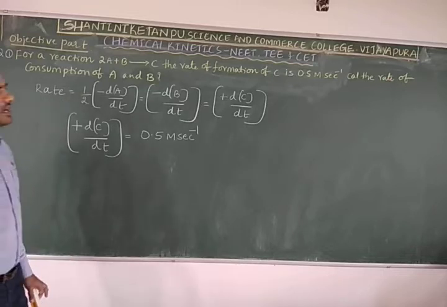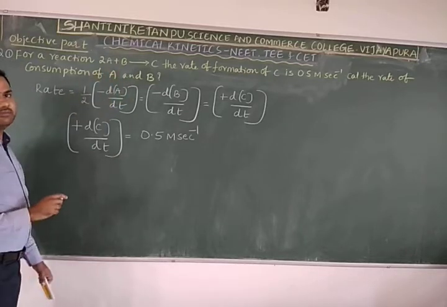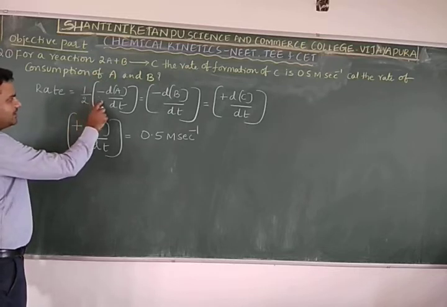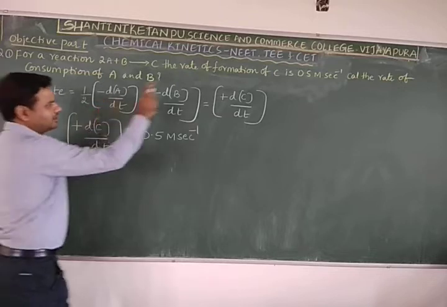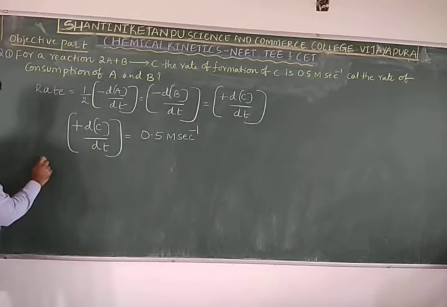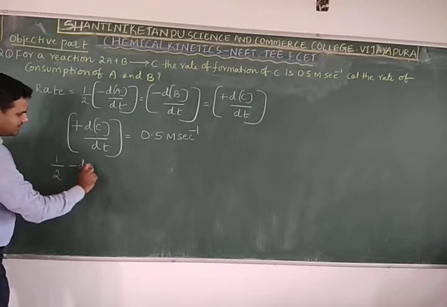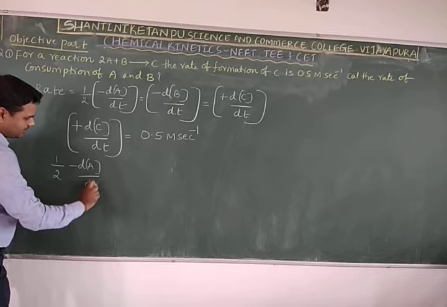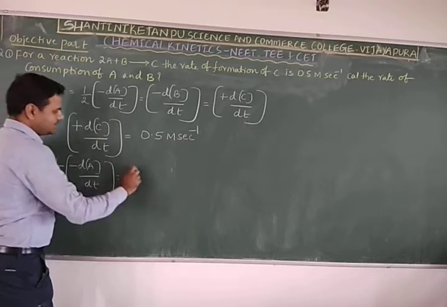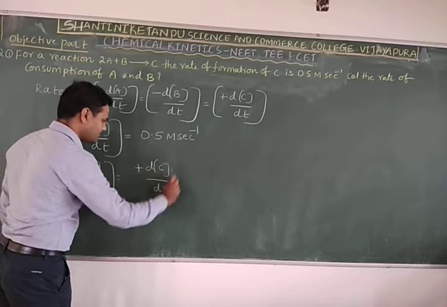With this we have to calculate the rate of consumption of A and also B. First, take the relation between the rate of consumption of A and the rate of formation of C. Therefore, 1 by 2 into minus dA by dt is equal to plus dC by dt.